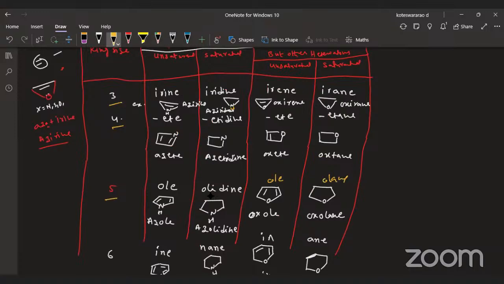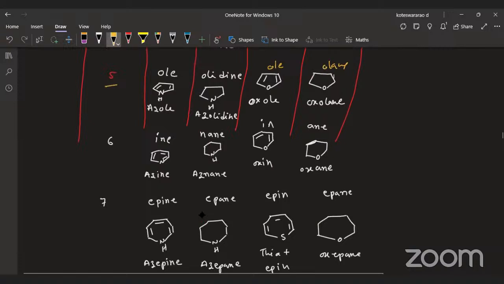Similarly, what about the 6-membered ring? Azine, ine, a 6-membered ring with unsaturation and nitrogen-containing heterocyclic compound. If it is saturated, azinane, which is piperidine. Next, if it is a compound with unsaturation without nitrogen, that is oxine, an oxygen heterocyclic.